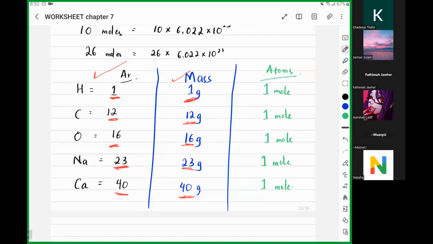Did you all understand, everybody? That same relative atomic mass number, I took it in grams, in a mass. It was Avogadro who did this. Then, when he did the calculations, when he found out how many atoms this much of mass contains, he found that it always had 6.022 into 10 to the power 23 atoms.